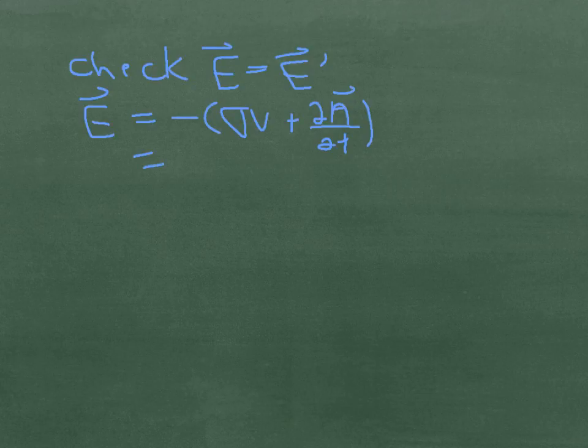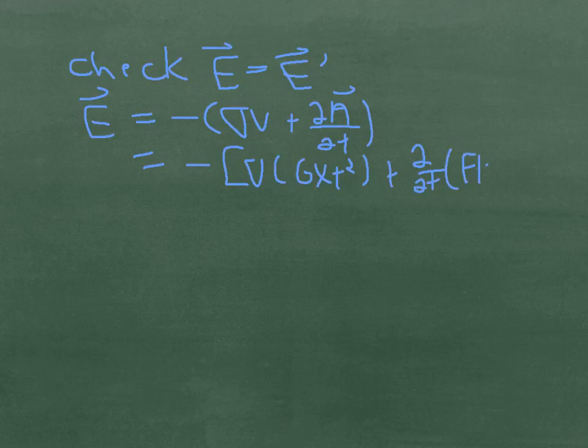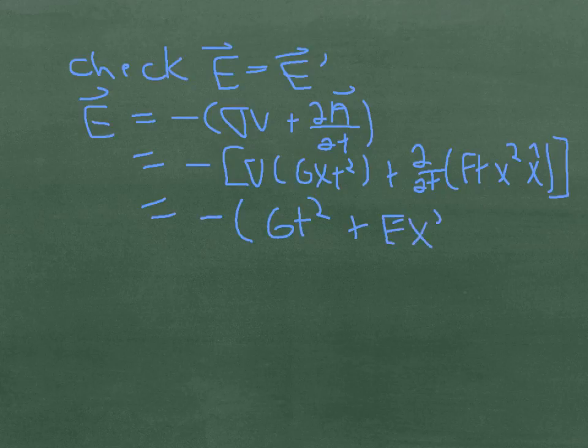So this is equal to minus the gradient of V, g x t squared, plus d by dt of f t x squared x hat. And this gives us minus g t squared plus f x squared, times x hat. So that's E.